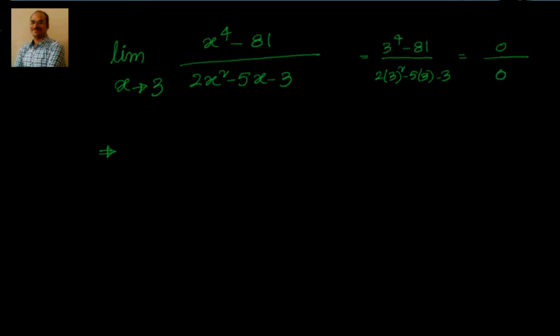So I am going into 0 by 0 form. So what I have to do now, I have to do factorization. Again we have to remember that the factor of these two polynomials, that is x minus 3, is the troublemaker which is making this go into 0 by 0 format. So I have to get x minus 3 from numerator and denominator.